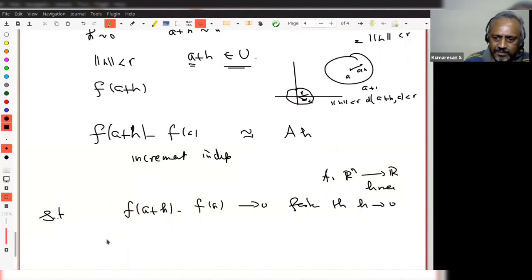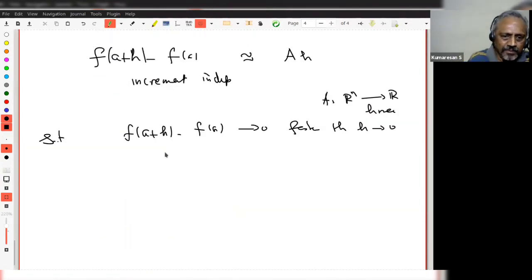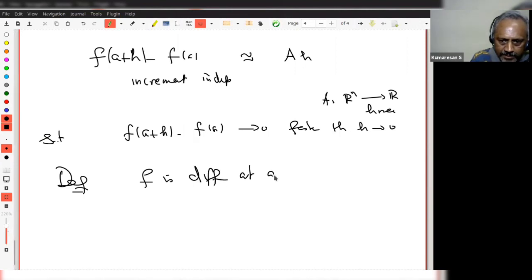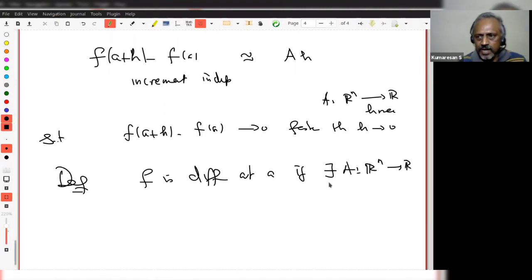Let me write the definition now. Definition: f is differentiable at a if there exists a linear map A from Rn to R. In the R2 case, what did we say? There exist two real numbers alpha, beta.